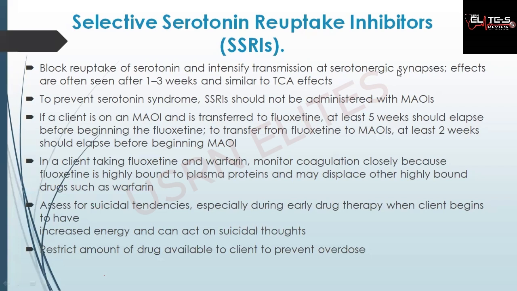Synapses. A synapse is like a joint, an area where there is exchange of what? Messages between two neurons at the exchange points. That is where synapses normally occur. It's like we are increasing the effect of what?